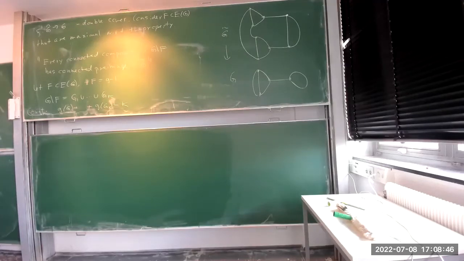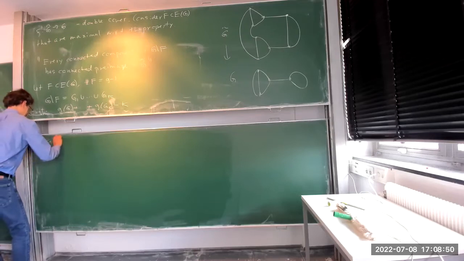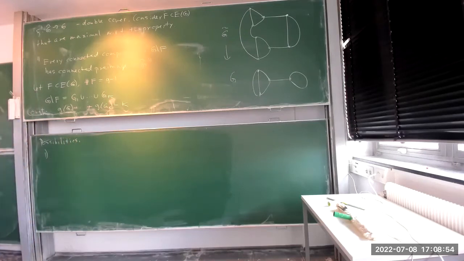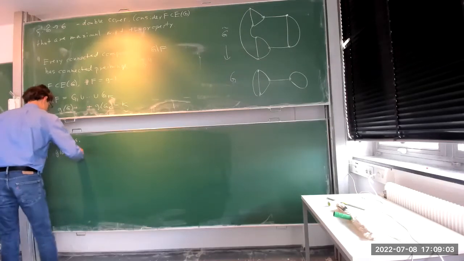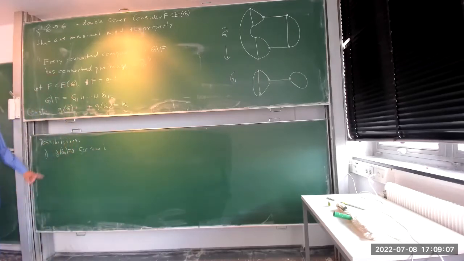So what are the possibilities? Well, one possibility is that one of the genera is equal to 0. So g of G_i is 0 for some i. But then a genus 0 graph is a tree.